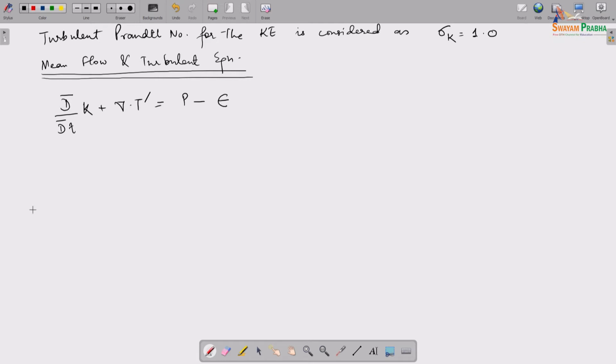Here the term with T plus T prime is the energy flux, and that is modeled using the gradient diffusion hypothesis.